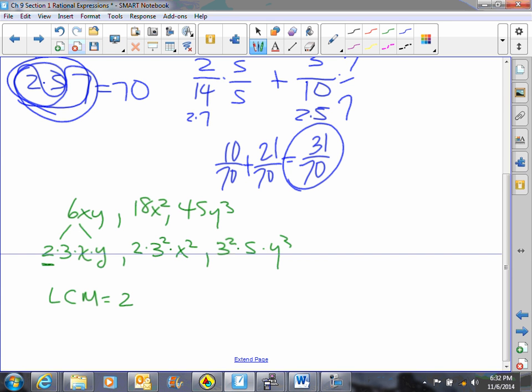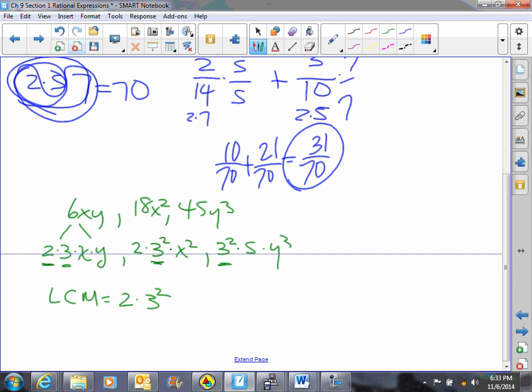Now if we look at the 3's, the first term, 6xy, has a factor of 3. 18x squared has 2 factors of 3, and 45y cubed has 2 factors of 3. Now, one factor of 3 isn't enough here because we need 2 factors of 3 for the 18x squared and for the 45y cubed. But we don't need any more than 2 factors of 3 for any one of these numbers, so 2 factors of 3 will be enough.